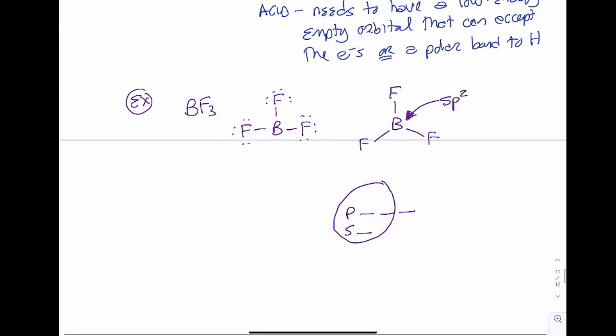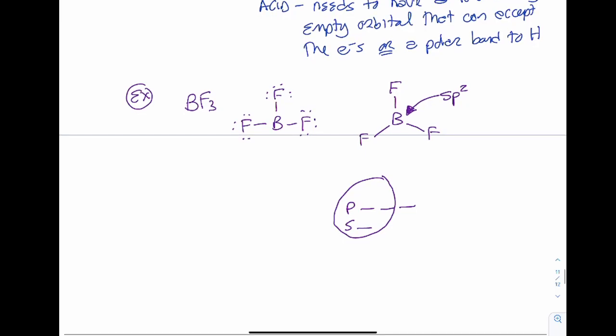And that's why it's called sp2, because we're taking 1 s and 2 p's. So when we hybridize those, we end up with 3 sp2 orbitals. I have 1 here, 1 here, and 1 here. So I get 3, right?